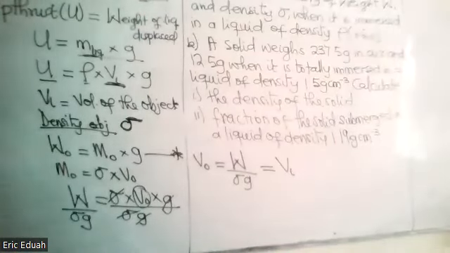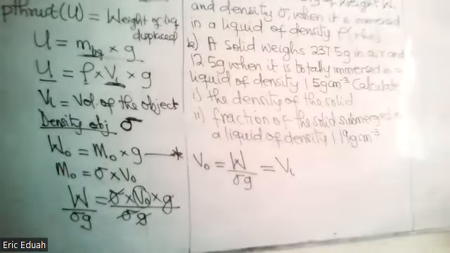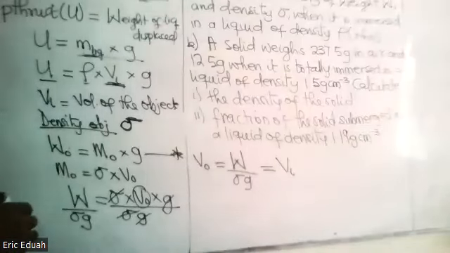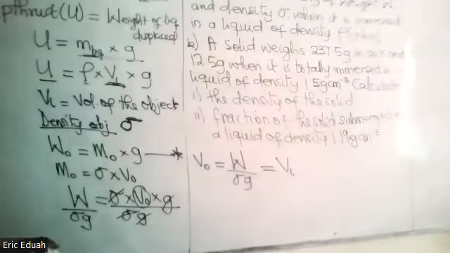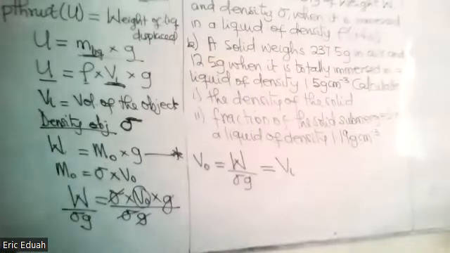The question gave it to us. So sigma is the density of the object. Rho is the density of the liquid. W is the weight of the body or of the object. These are the information given to us from the question.